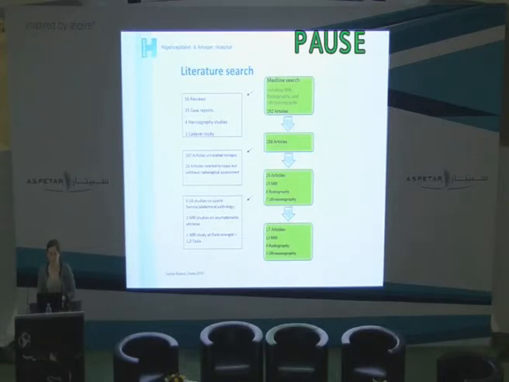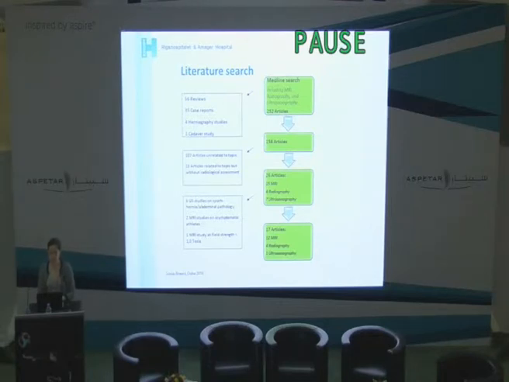As exclusion criteria, we didn't want to look at reviews, case reports, herniography studies, or cadaver studies. We were not interested in surgical studies either, and we did not include studies where the main radiological modality was computer tomography, because we were not interested in acute trauma, and we did not include isotope bone scans either, mostly because they're rarely used nowadays.